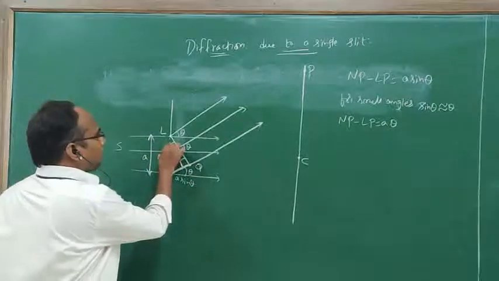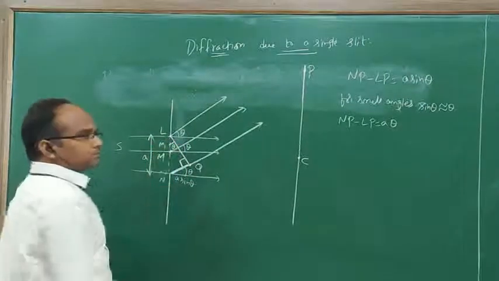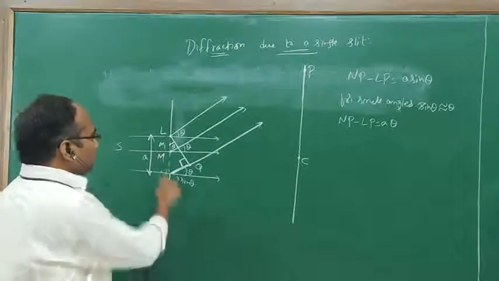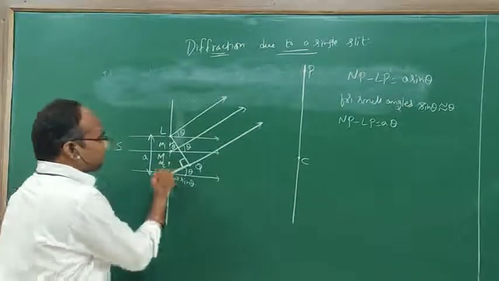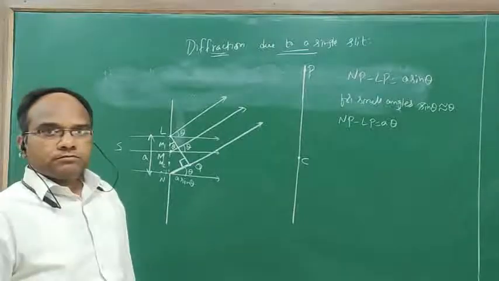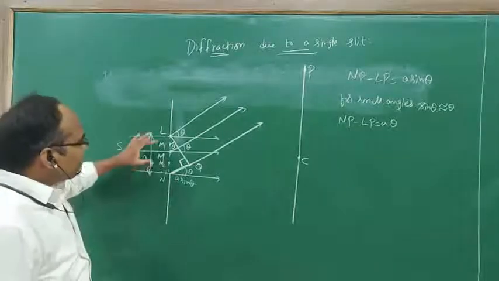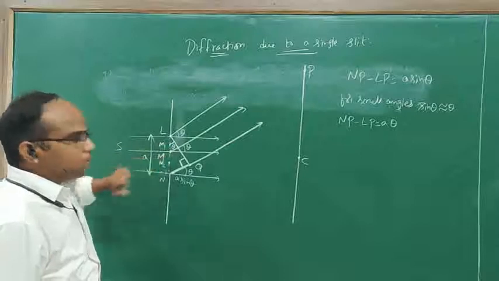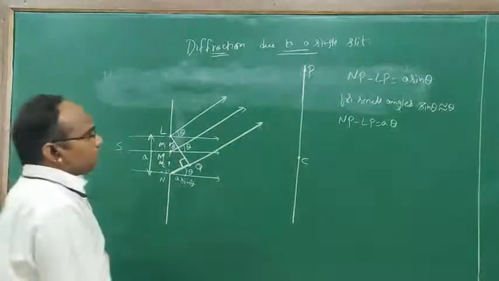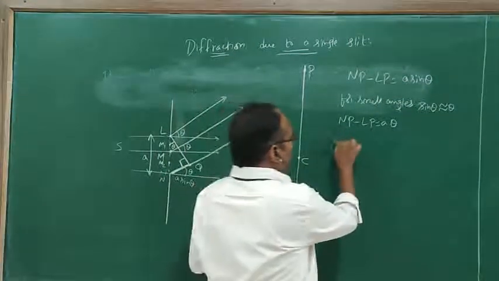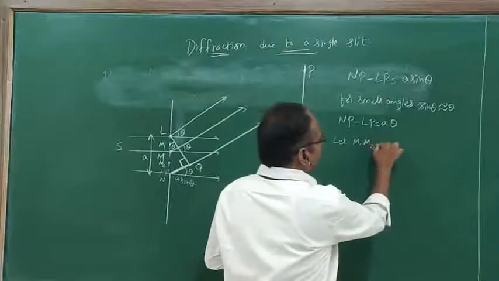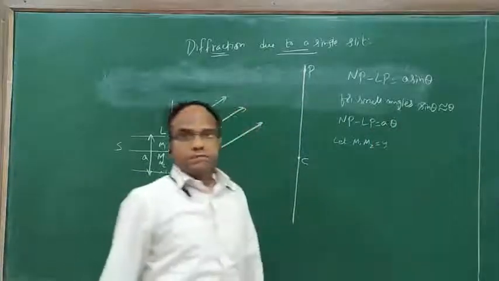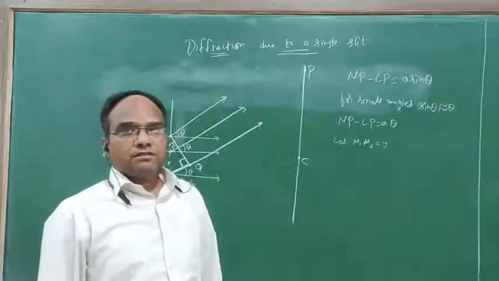Okay. Similarly, between L and M, I am naming a point as M1. Between M and N, there is a point named as M2. So what is the distance between M1 and M2? Let me assume M1 and M2 is some Y. Okay.